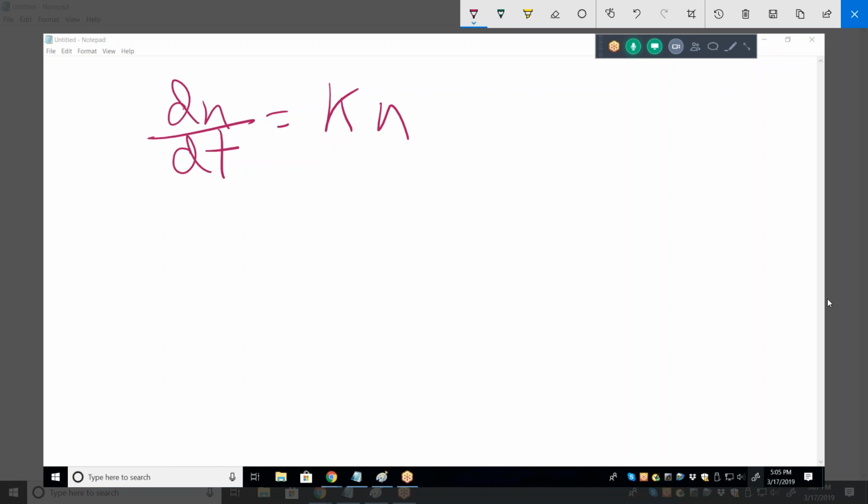Differential equations are quite similar. The most basic technique for solving a differential equation is to separate the variables. I want to get all my n's on one side, all my t's on the other. So if I multiply both sides by dt, I get this.